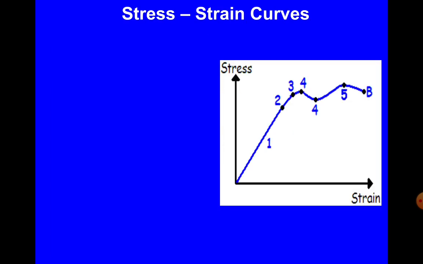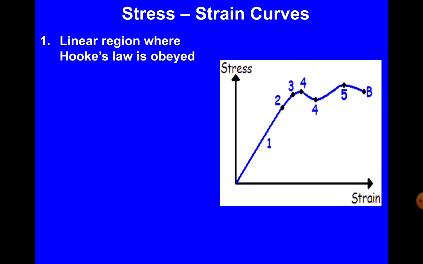Okay. First region is a straight line, which means we have Hooke's law. So when we go from 1 to 2, we put a stress on it, and let's say we release the stress, no more stress, then the wire or the material goes back to its original state.